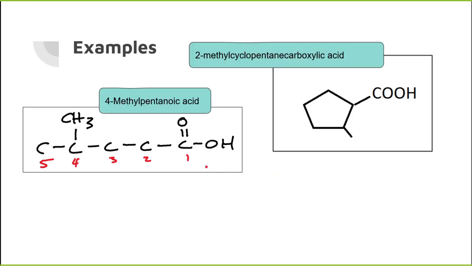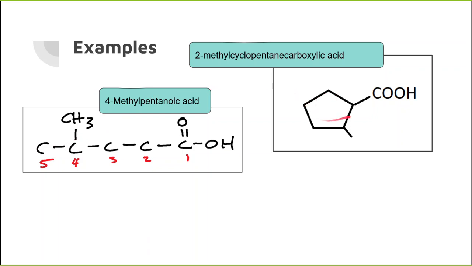So here are some examples. Here we have 5 carbons and then an additional carbon outside of the chain. We're going to start numbering on this end with the carboxylic acid carbon and go this way. So this will be 4-methylpentanoic acid. That's the methyl on the 4th carbon there, and it's pentanoic because there are 5 carbons in the main chain.